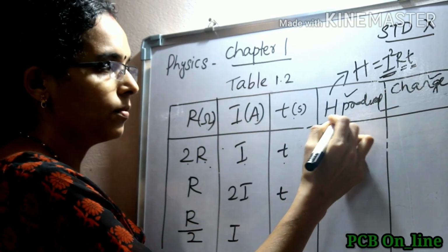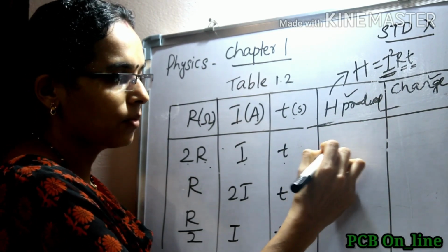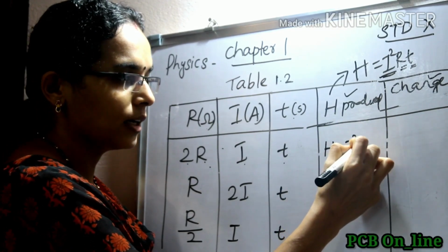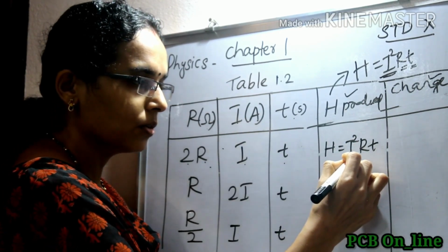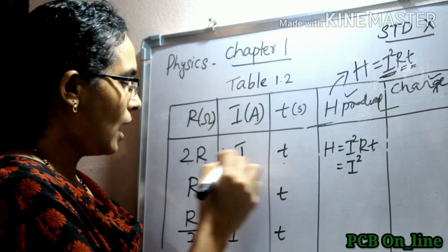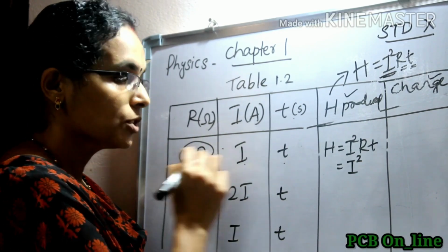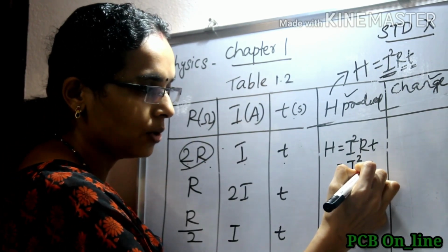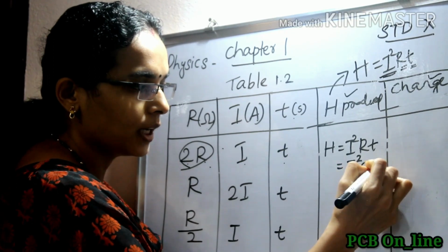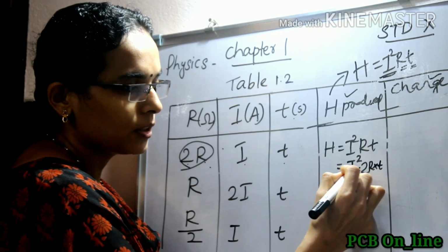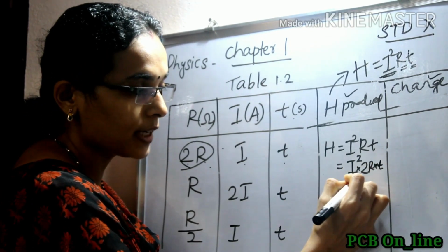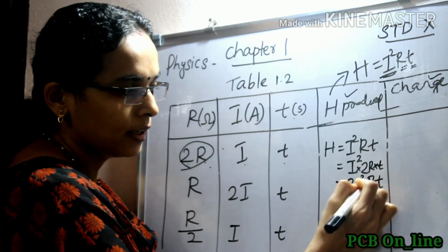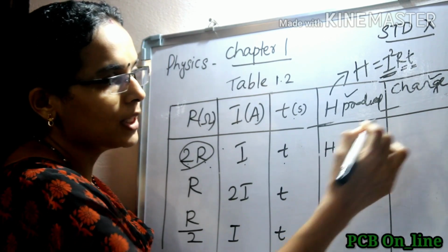Now what will be here? H is equal to I square RT. Here I is I itself, so we do not change I, and R is replaced by 2R. So we get I square into 2R into T, which is 2I square RT. How much is the change?